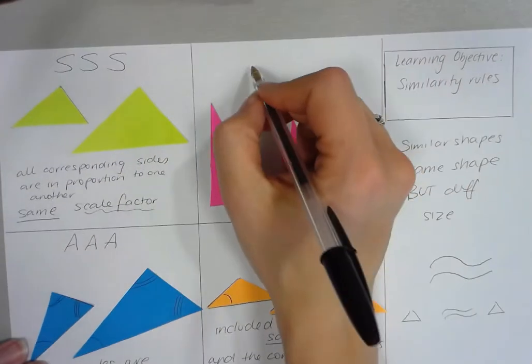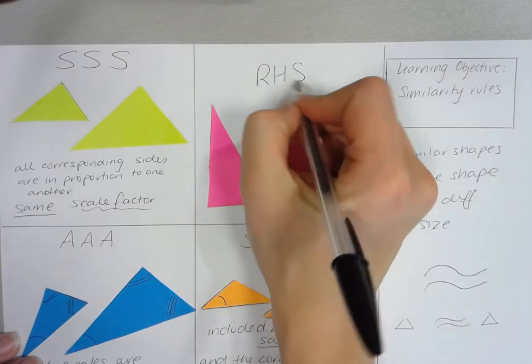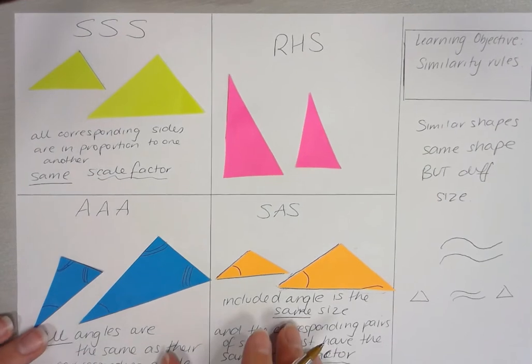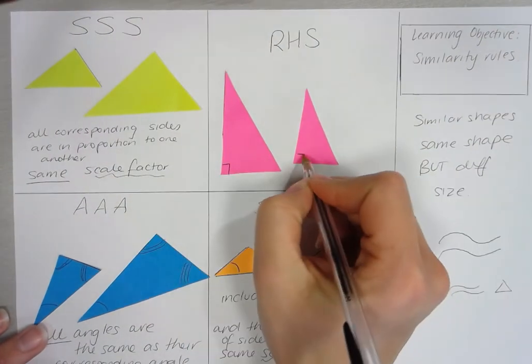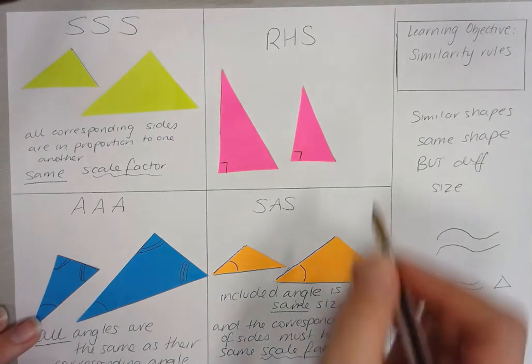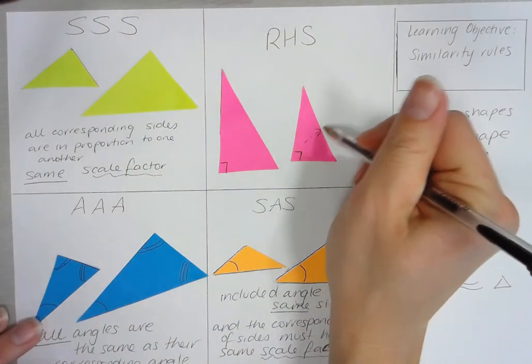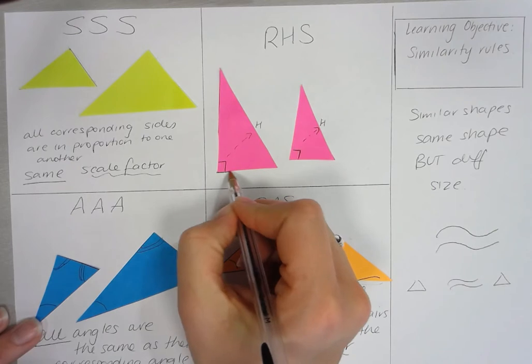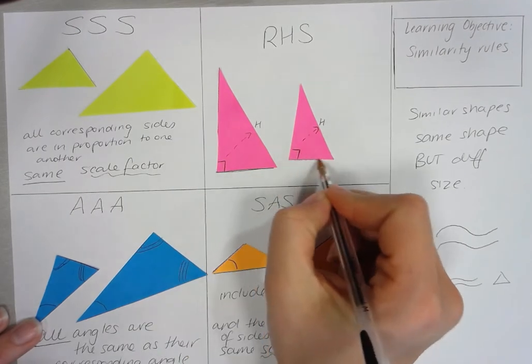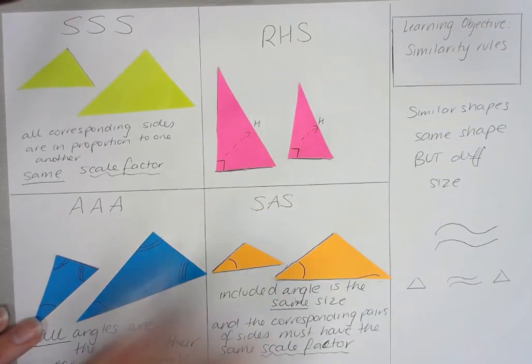Now our final rule is very similar to another one that we had in congruency, and it's right angle, hypotenuse, side. So these are our right angle triangles this time, and we have a hypotenuse over here across from the right angle, and we can choose any other side as long as it is corresponding to its pair.